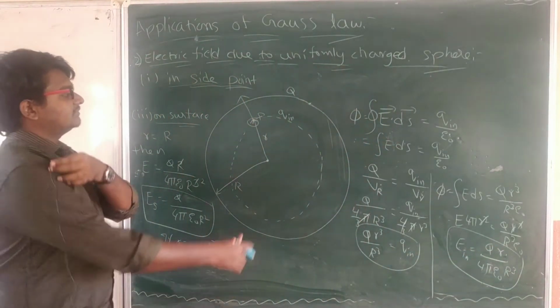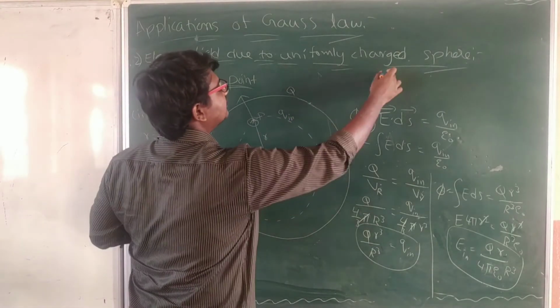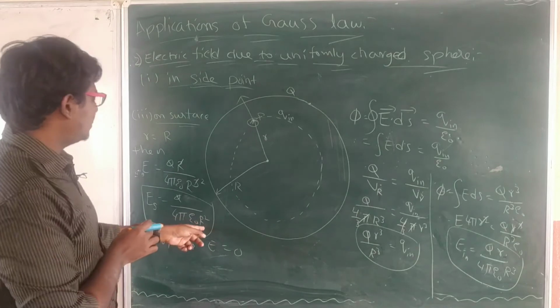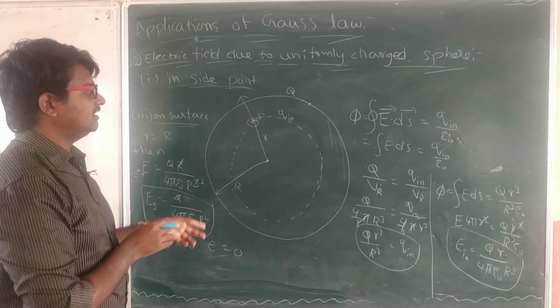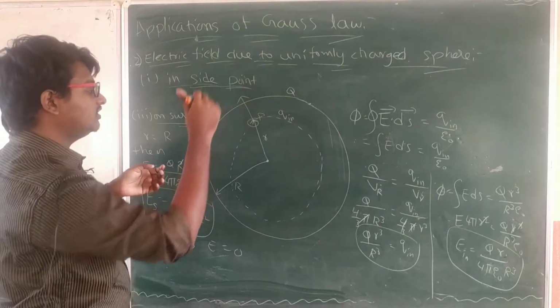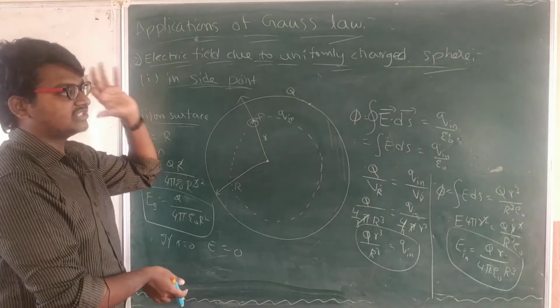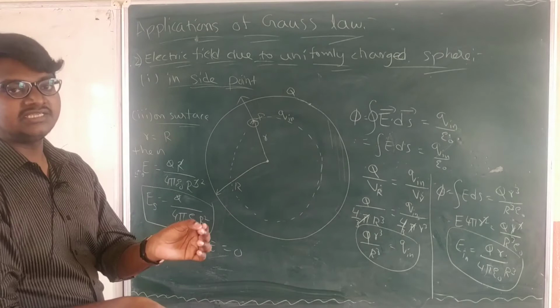If you go away from the surface to any point, then instead of capital R we consider whatever distance you are from the center of the sphere. That is the first case, outside point: outside, on the surface, inside.